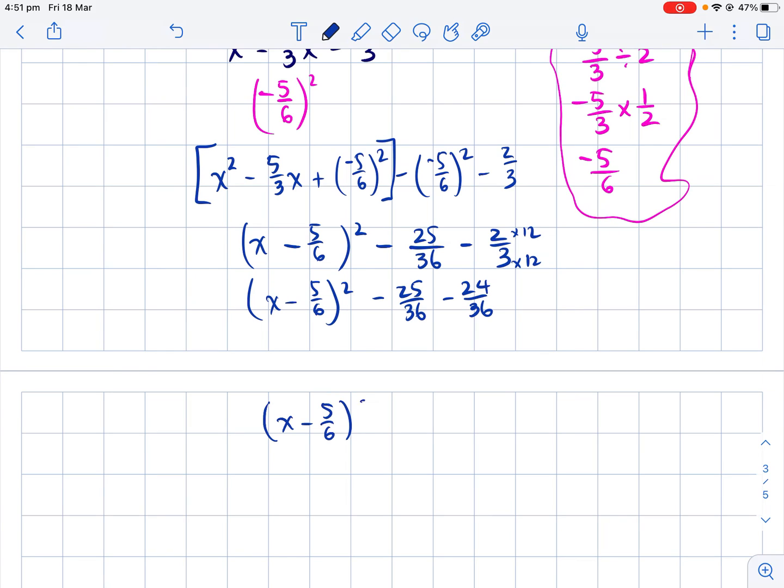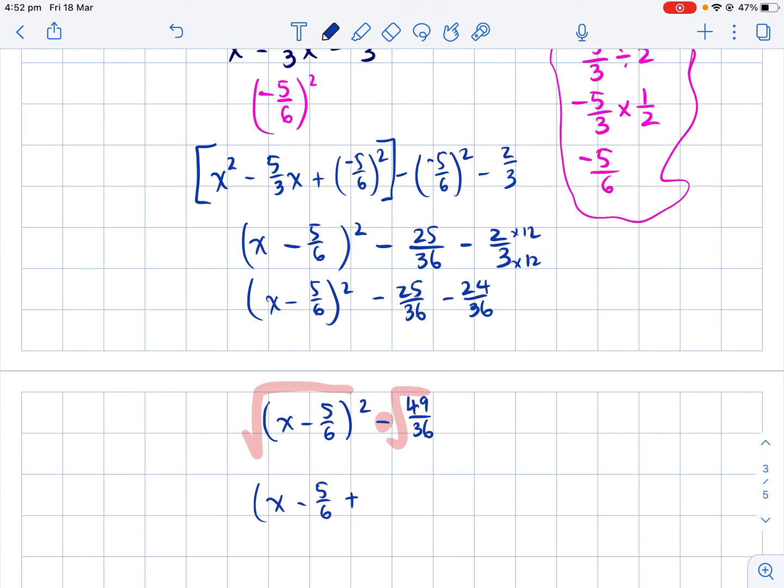Minus 5 over 6 squared minus, actually not as nice as I hoped, minus 49 over 36. That's still going to be a pretty good fraction because I have the difference of 2 squares. So I can continue factorising this using the difference of 2 squares.